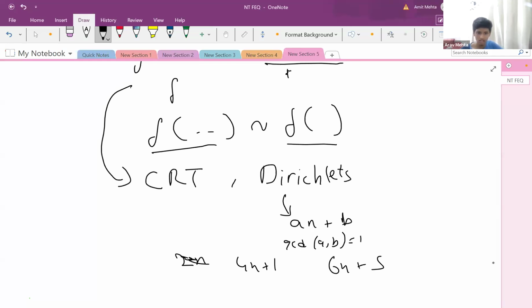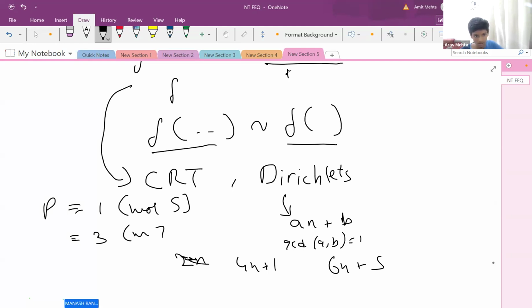And you can use this with CRT in the way that, say you want to find a prime which satisfies some modular conditions. Like you want a prime that is 1 mod 5, and it is also 3 mod 7.